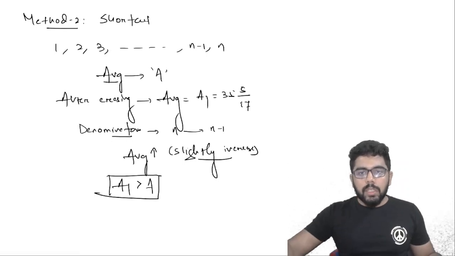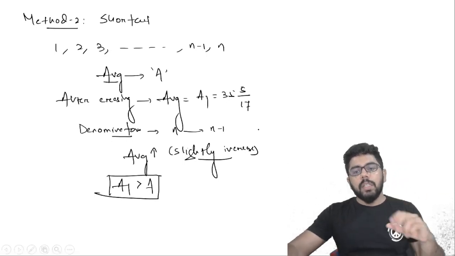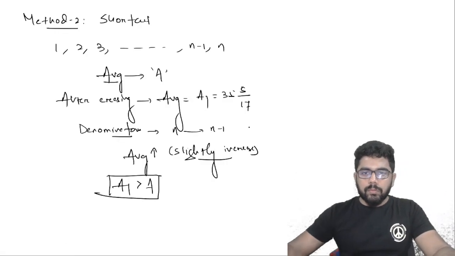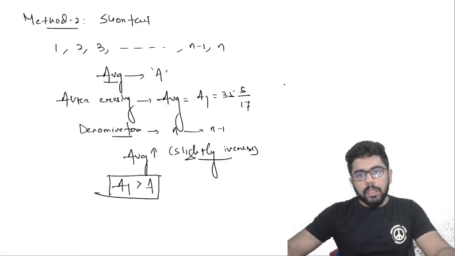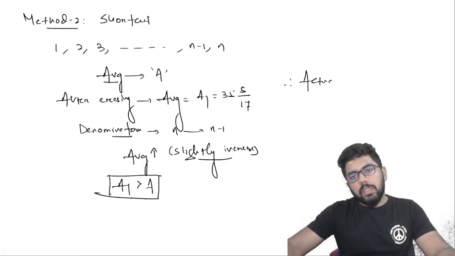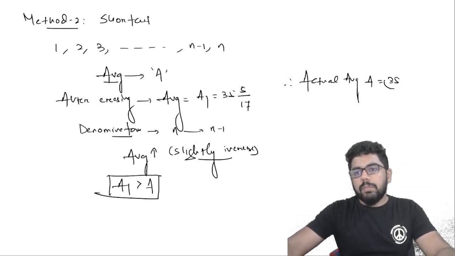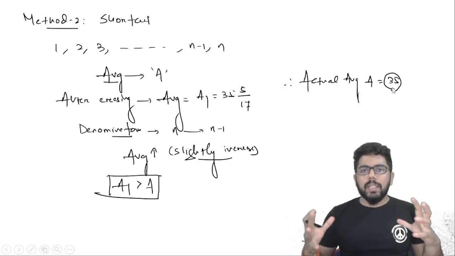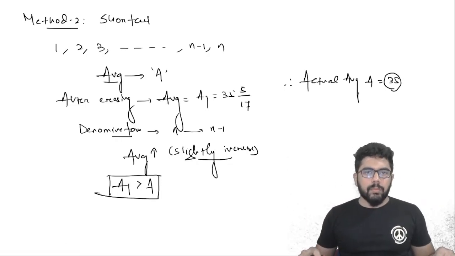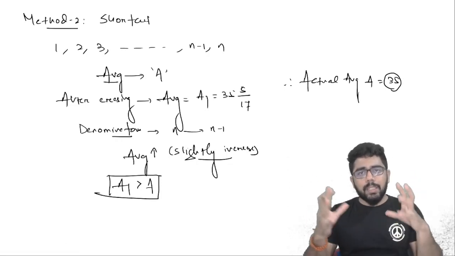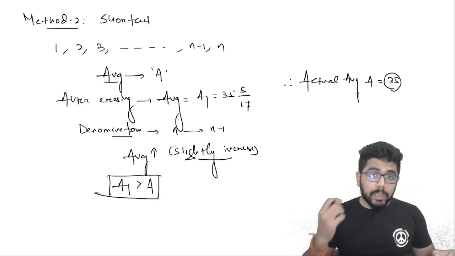Now because 35 whole 5 by 17 is your average, this implies the actual average A must be 35. Most likely it is 35. This is not exactly any formula or something. This is just the understanding of average.